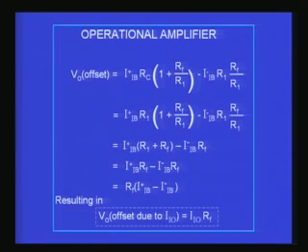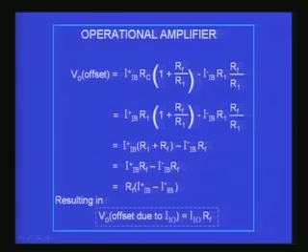If you simplify this, you will ultimately get the expression RF multiplied by (IIB plus minus IIB minus). That shows the output offset voltage is basically due to the difference in the two bias currents.